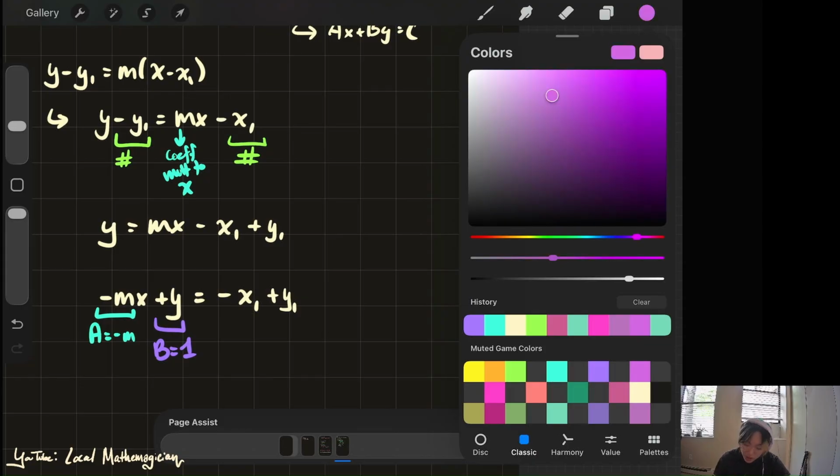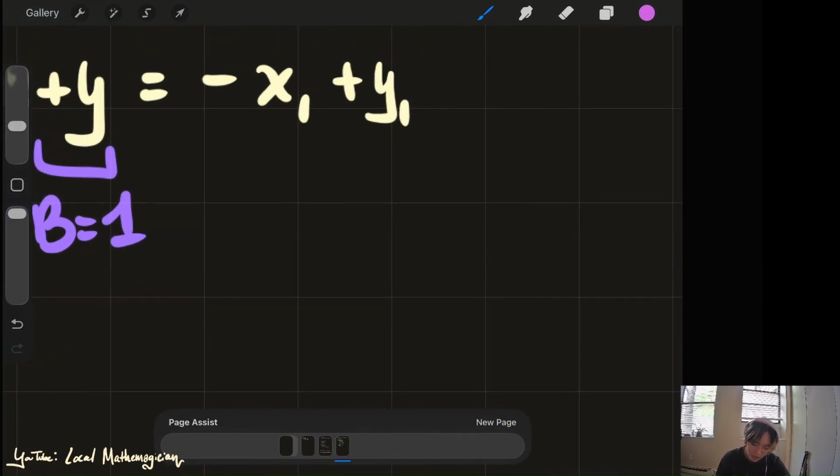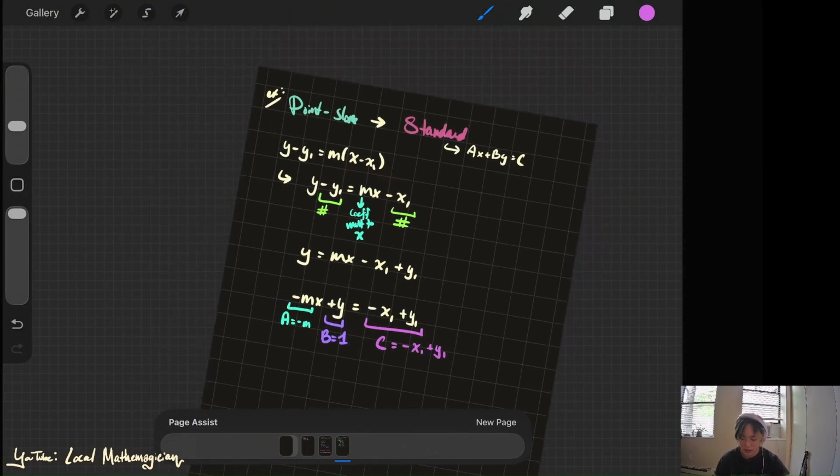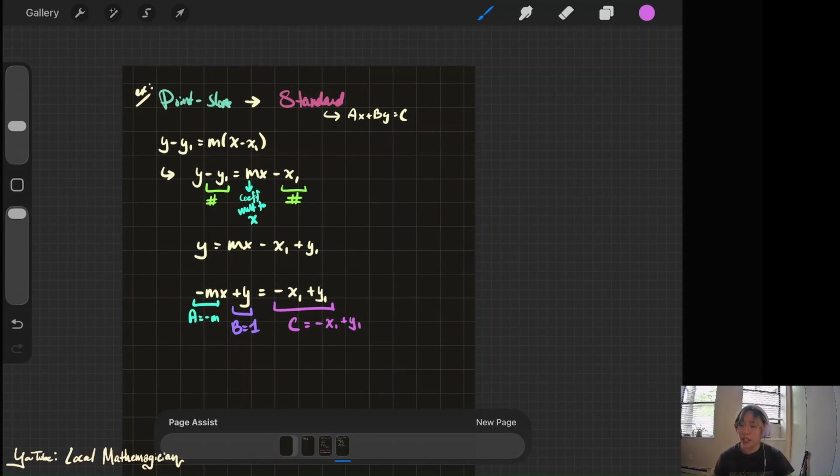And most interestingly, the hardest part for most students, c is equal to negative x sub 1 plus y sub 1, okay? This is not a formula I expect you to memorize, but this is a process I expect you to understand, okay?